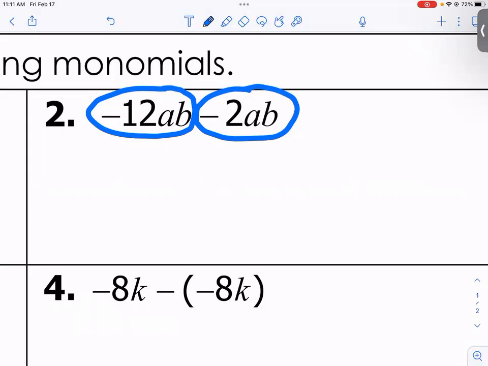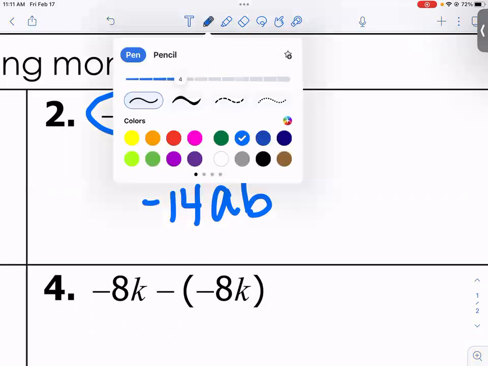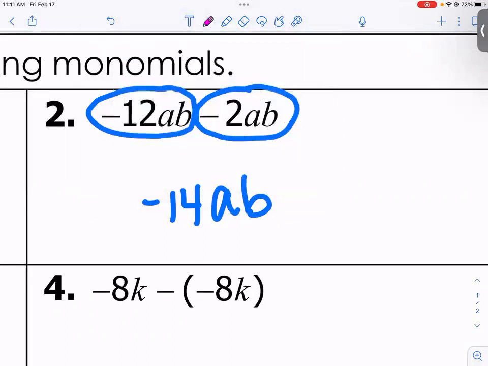So now we need to take -12 minus 2. -14. If when you subtract, you need to do keep, change, change to help you out, please do so. Now you also can use a calculator in this chapter. So this may be something you want to really use your calculator to help you.